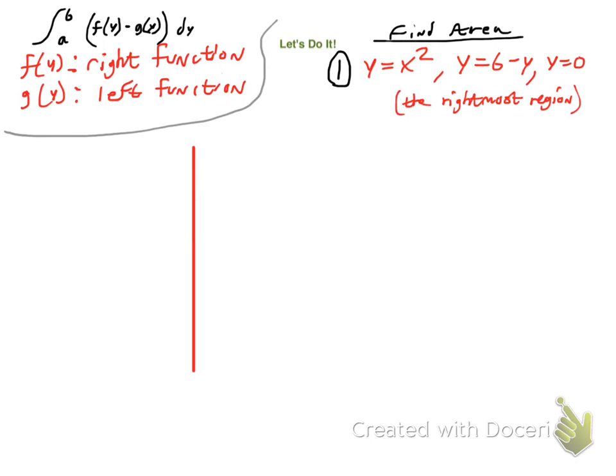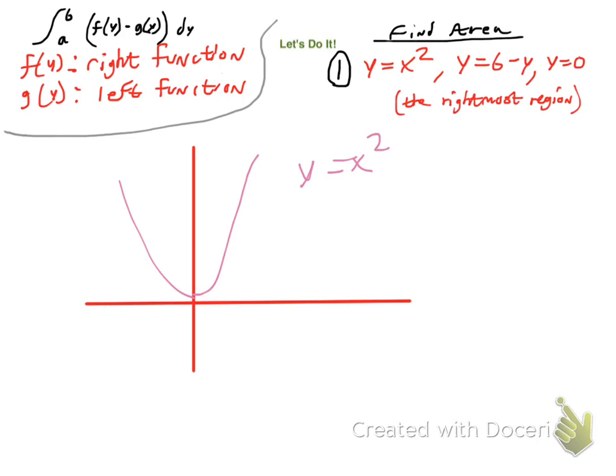Let's graph it. We're finding the area. So y equals x squared, the famous parabola, happy face parabola, like that. You get the point. y equals x squared. y equals 6 minus x. What does that look like? That means that at 6 there's a y-intercept, and then it goes down.